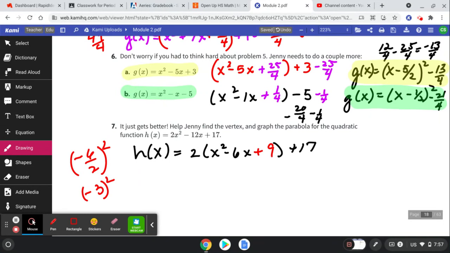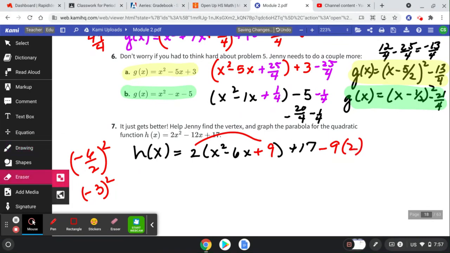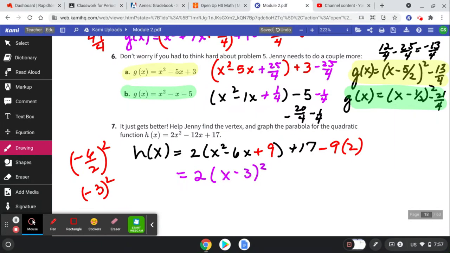So we're adding 9, but we're not just going to add 9 one time. We're adding 9 2 times. So to balance, I subtract 9 2 times. And this creates the 2 quantity (x minus 3) squared. And this reduces down 17 minus 18 to just negative 1.